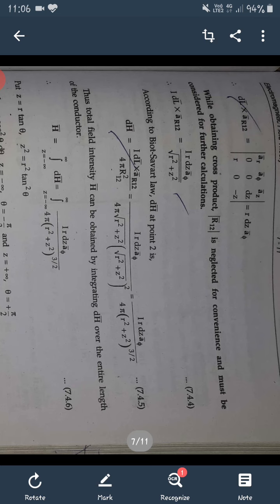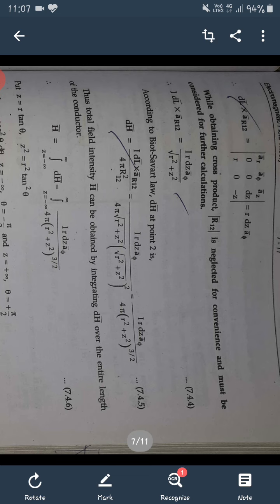Here, ar12 is r ar cap minus z az cap by square root of r square plus z square. This denominator is not taken for simplicity while obtaining the cross product. The r12 magnitude is neglected for convenience and must be considered for further calculation.